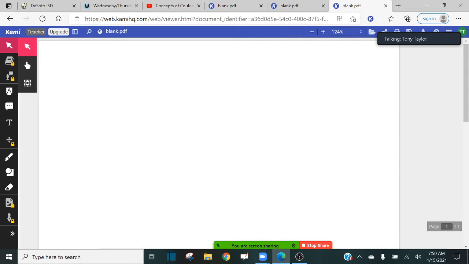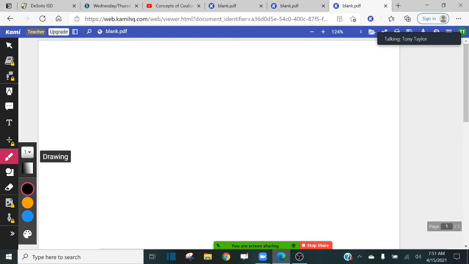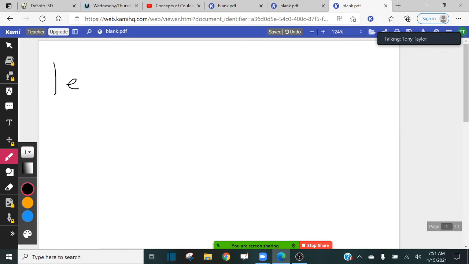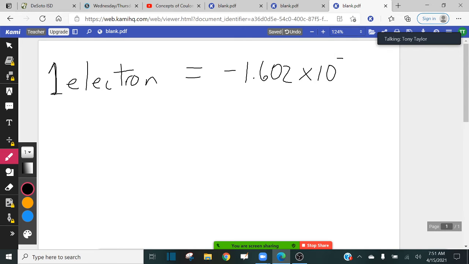But the last thing I want to do is give a numerical quantity to charge. It turns out, guys, that anytime you have one electron, it's a basic fact that one electron has a charge of negative 1.602 times 10 to the negative 19 coulombs.